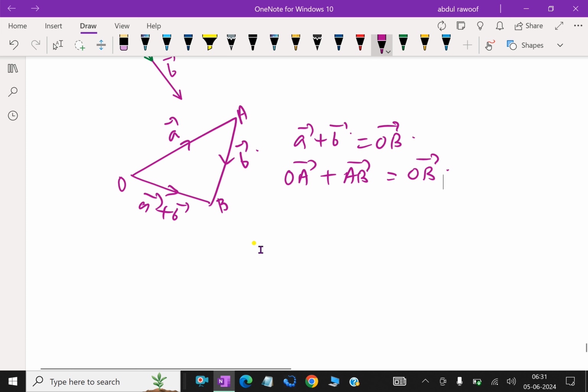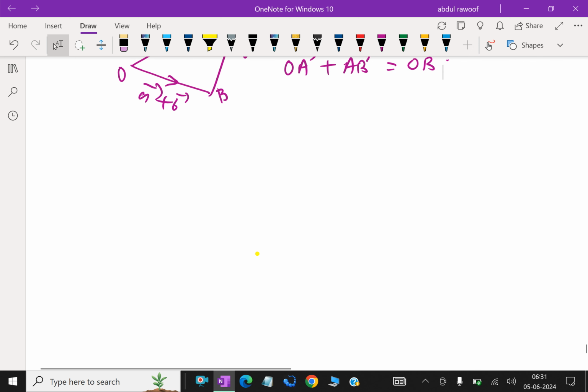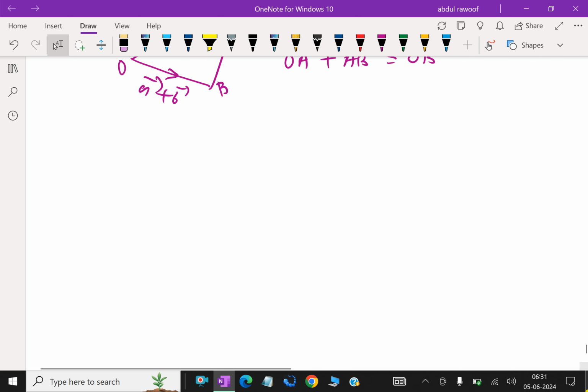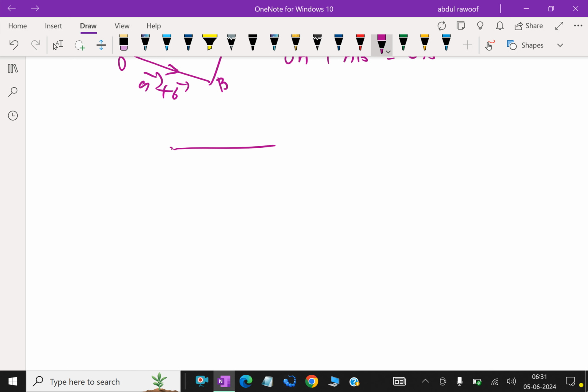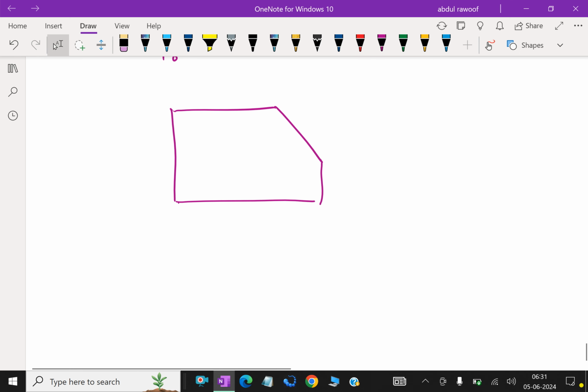These are vector additions. Now further, suppose you have this figure. Look. Here the endpoints are A, B, C, D, E. Here, what is BC plus CA?